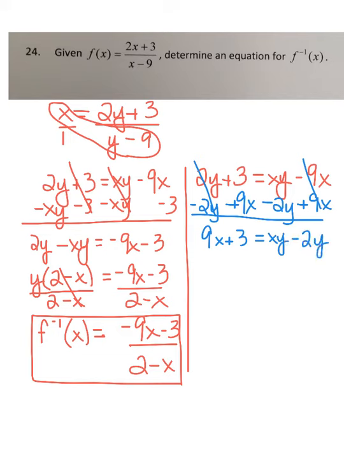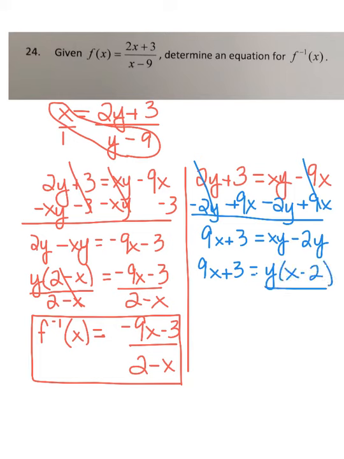Okay, well, similar to what we did over here on this step, we took out a y. I'm going to do the same thing here. I'm going to take out a y. So let's just drop down the 9x plus 3 for right now. Let's take out a y, and I'm going to get x minus 2.